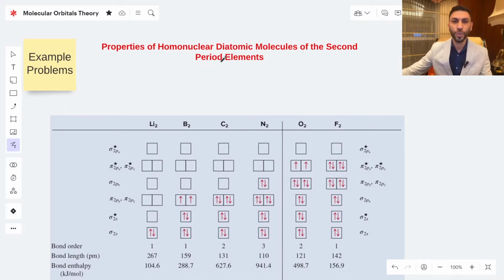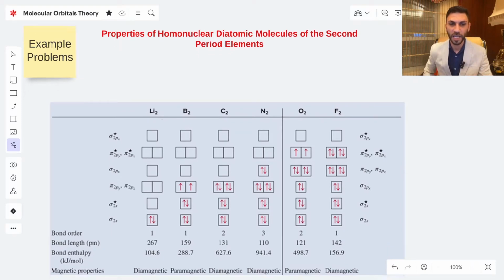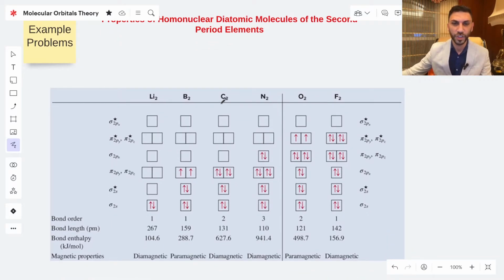Properties of homonuclear diatomic molecules of the second period elements in the periodic table. So we took these examples: Li2, B2, C2, N2, O2, and F2. I want you guys to pause this video and check the sequence of these molecular orbitals and what is the difference between this sequence and this sequence here.